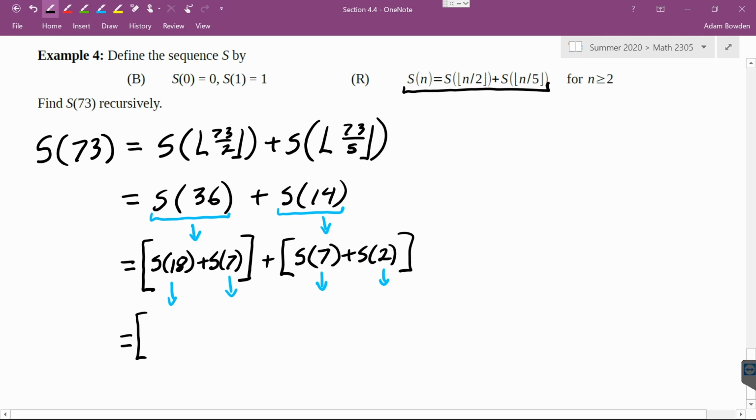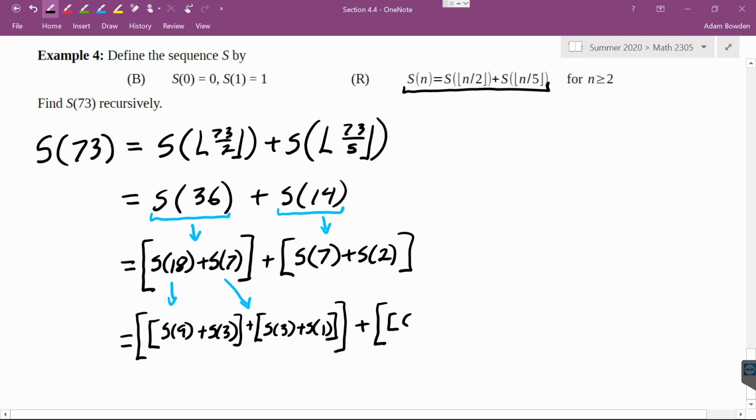So what we're going to have here is S of 9 plus S of 3 plus S of 3 plus S of 1. Okay, that goes with this one here. Okay, and then we'll have plus S of 3 plus S of 1 plus S of 1 plus S of 0.